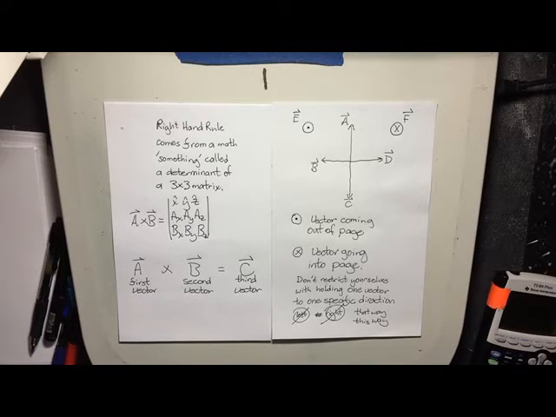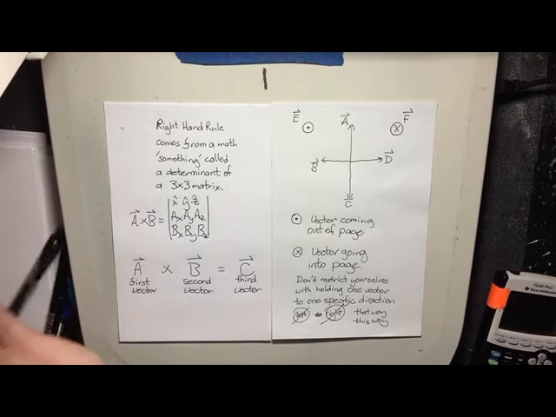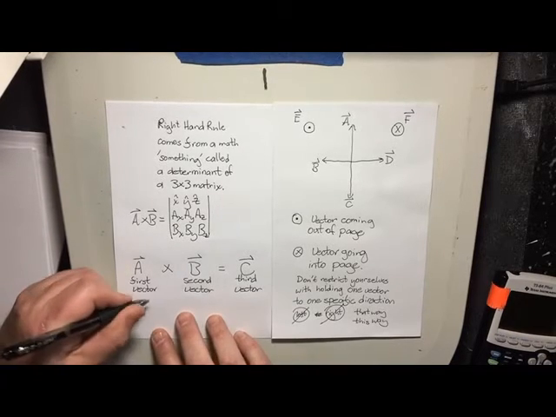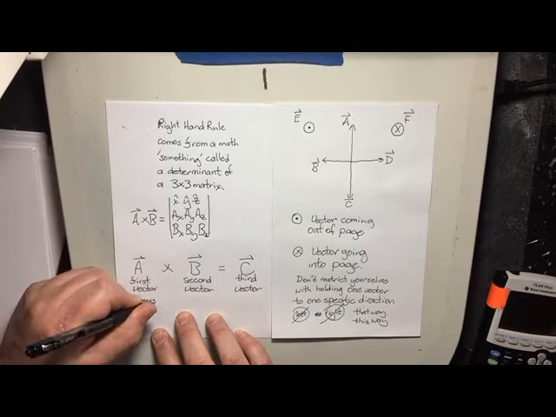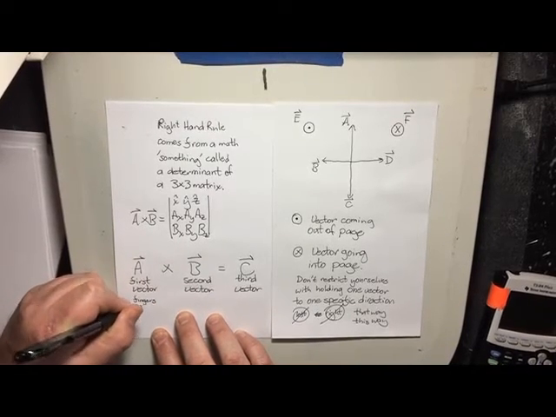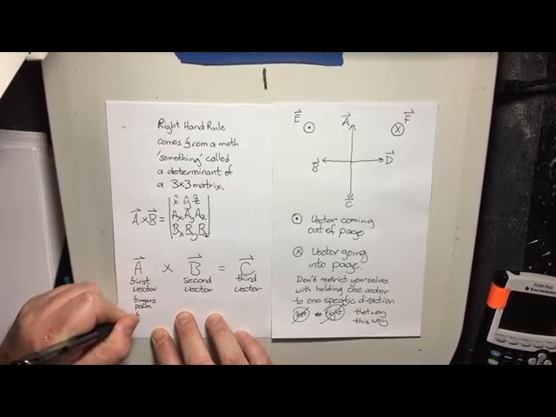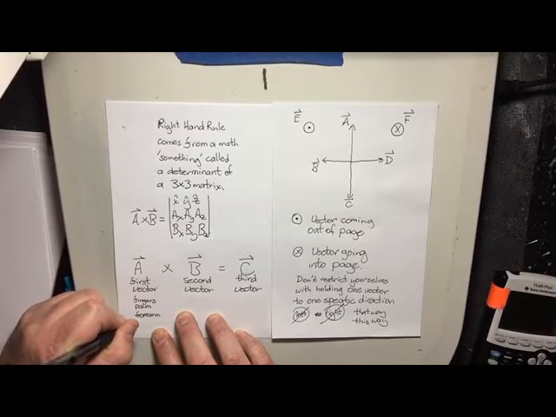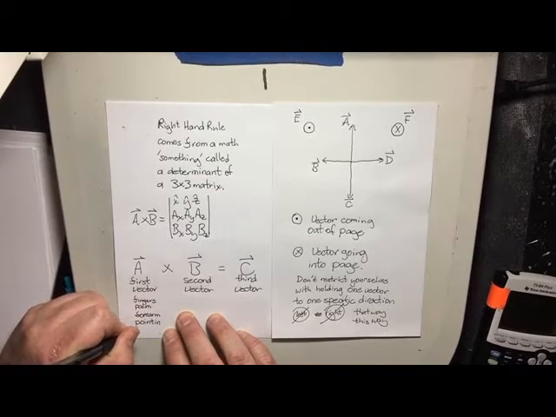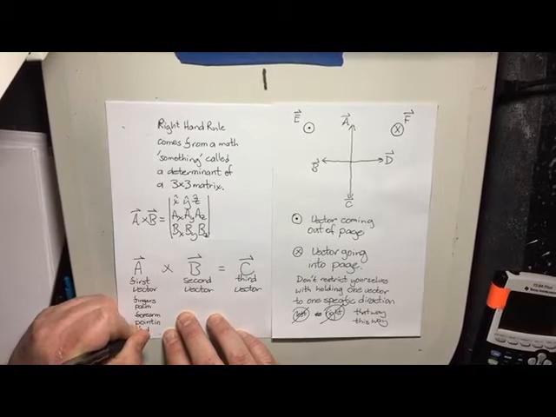So, right hand rule, first vector, second vector, third vector. So let me write that down. Fingers, palm, forearm, point in A's direction.